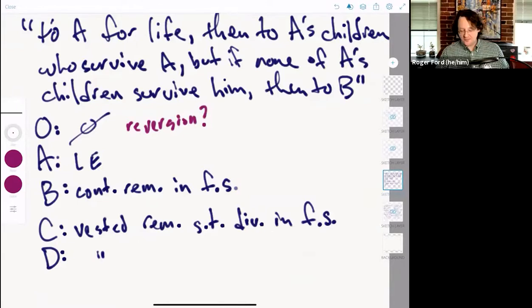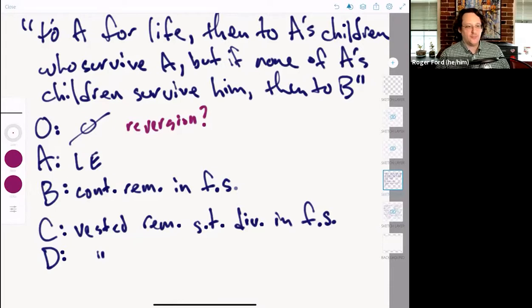So that's one difference between this and the last one, right? This starts with "to A for life," meaning to A for a life estate. It doesn't then say "then to X." It says "then to such of A's children as survive him," which is something we can't evaluate until A dies, right? So you're exactly right that if A waives their life estate before they die, then under this grant, there's nobody who gets it immediately.